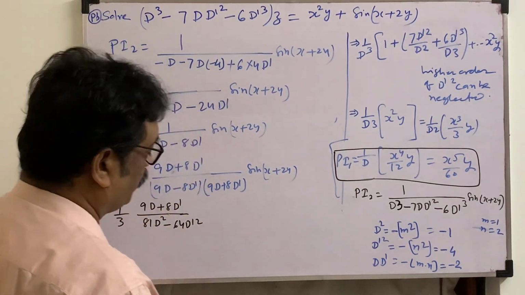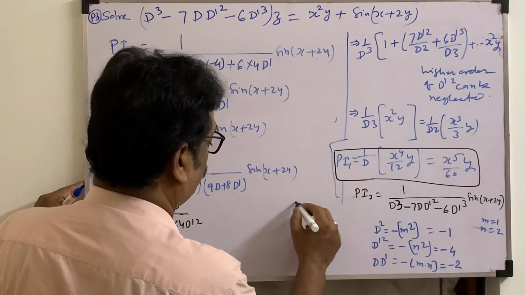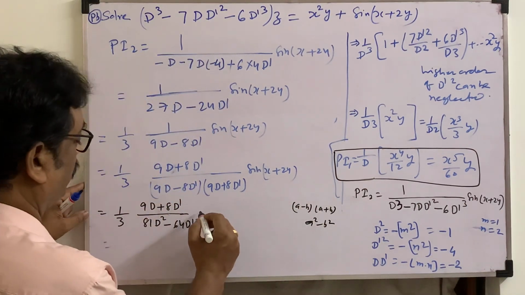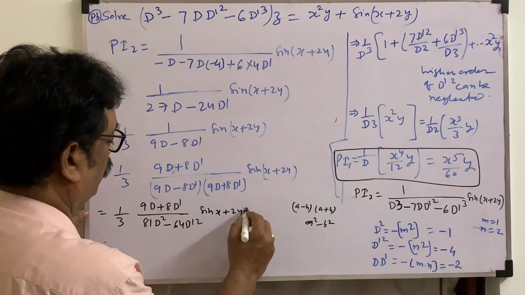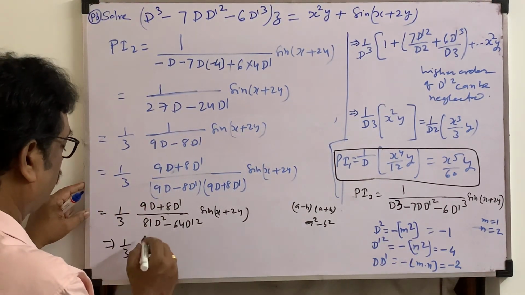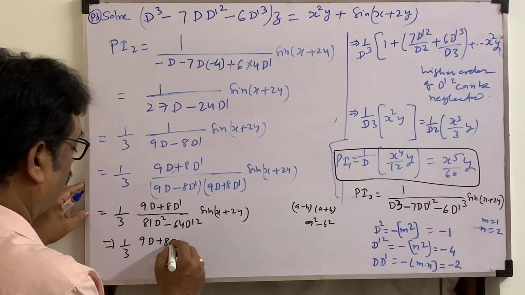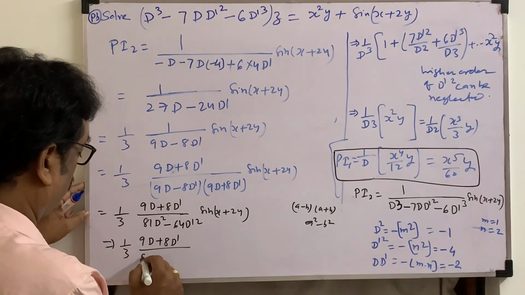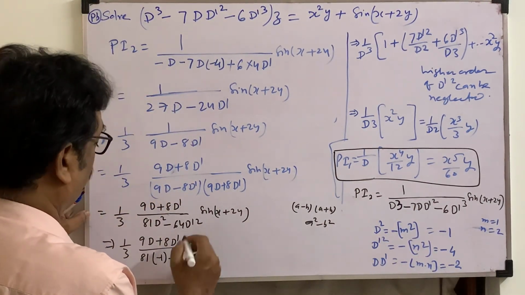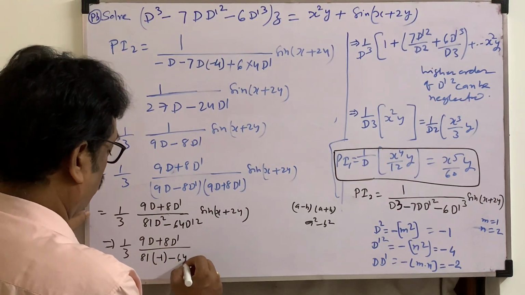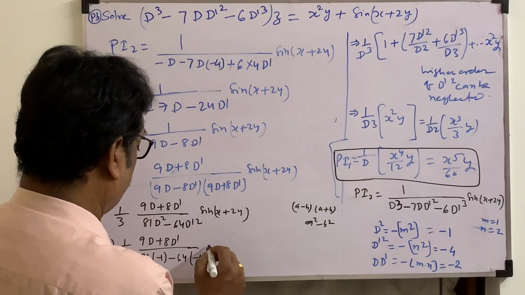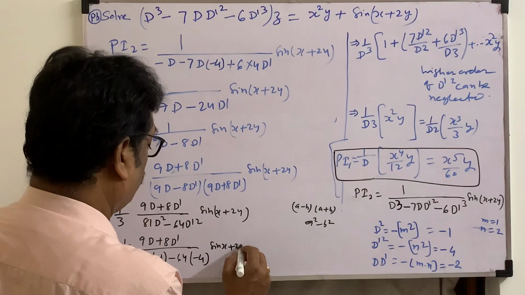So A plus B, A minus B, this is nothing but A square minus B square. Now as it is, sin x plus 2y. Similar things you substitute. So equal to 1 by 3 as it is, 9D plus 8D dash. Now 81 into D square, that is minus 1, minus 64 into D dash square, that is minus 4, sin x plus 2y.